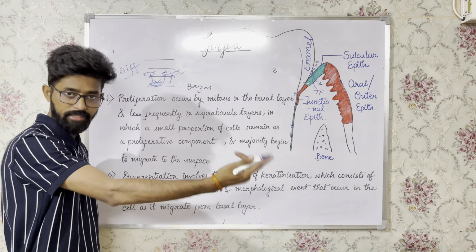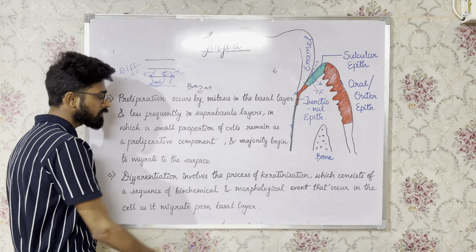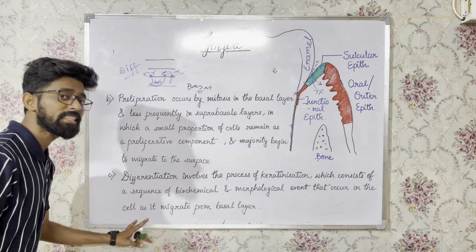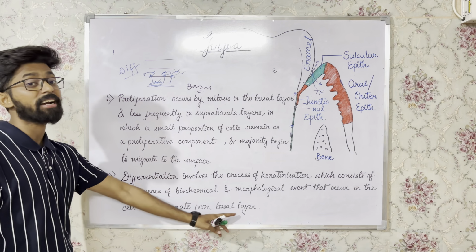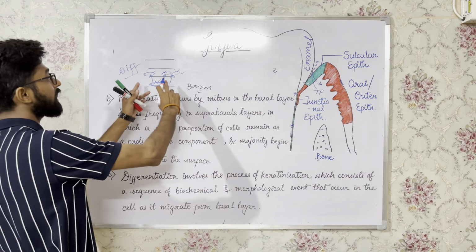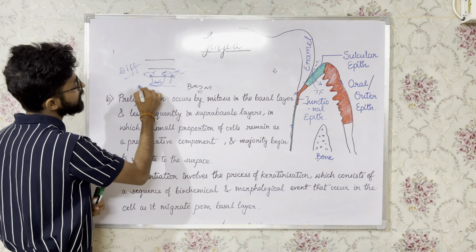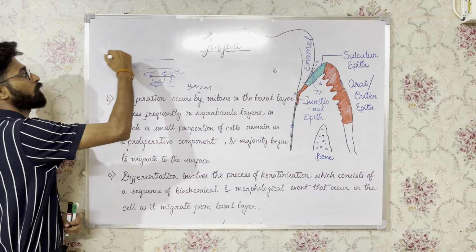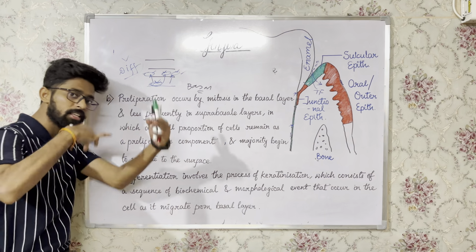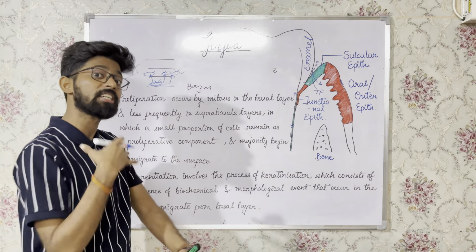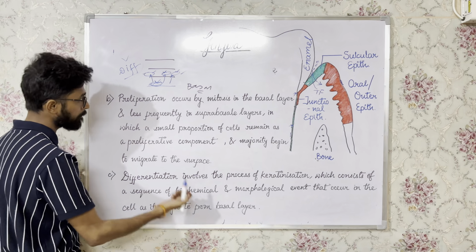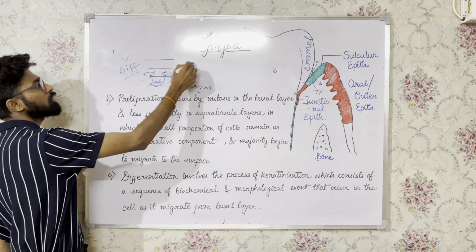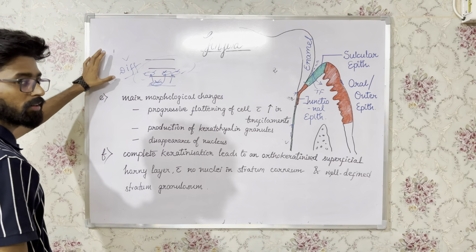The events we will discuss next, which occur in the cell as it migrates from the basal layer. See this diagram? These 3 cells migrated from the basal layers. They are undergoing differentiation. What is happening in differentiation? A series of biochemical and morphological changes are happening in these cells as they migrate from the basal layer to the suprabasal layers. Right?